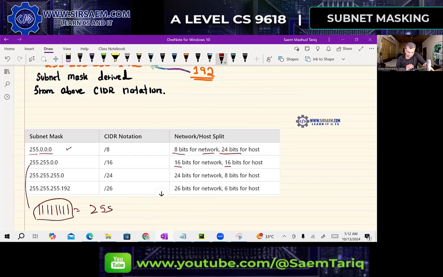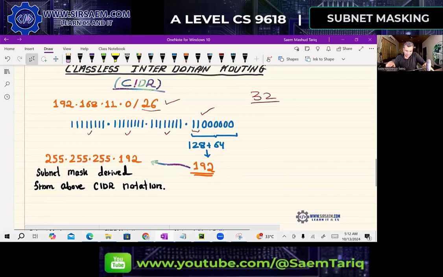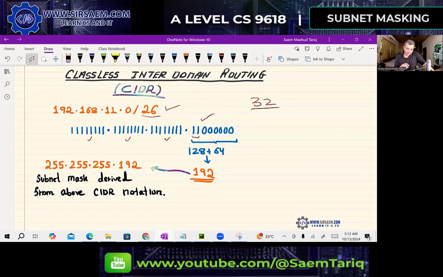Class C, which is the most commonly used class for networking, has 24 bits for the network and 8 bits for the host. Class D is usually used for research. This is the way your CIDR notation is derived.